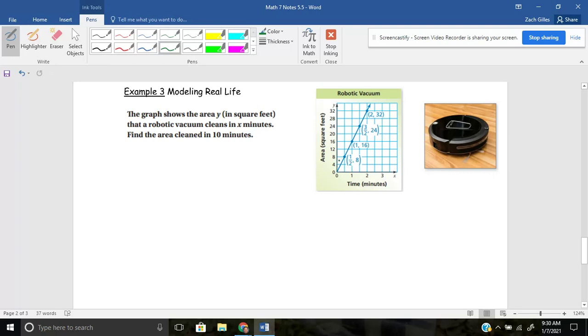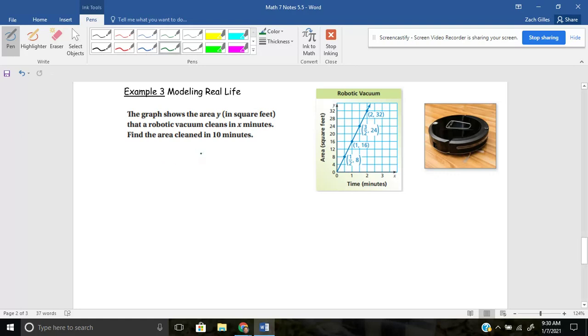So every time I go up on my x by a half, I increase by 8 in my y, or my area.